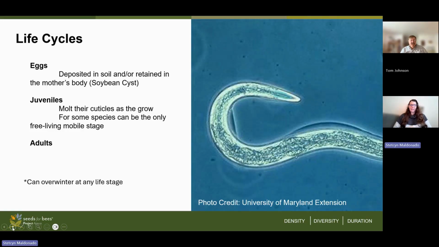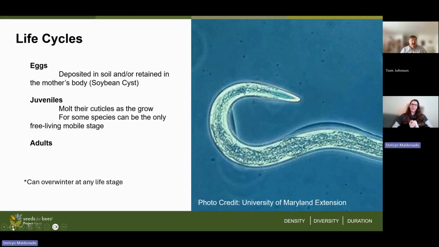Here we have a very basic outline of their life cycle. So nematodes lay eggs. Those can be deposited on the soil or in the soil, or retained in the mother's body. So with soybean cyst nematodes, the females will be buried into that root. They will lay some of the eggs on the outside of that root into the soil, and some eggs they'll actually retain inside of their body.